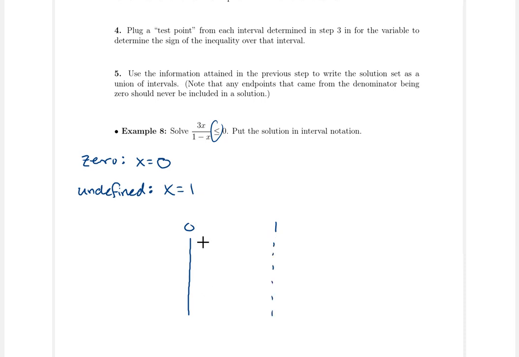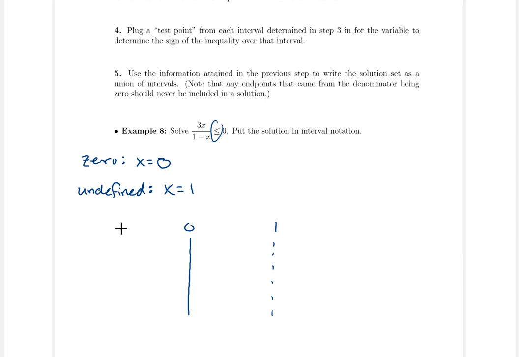And I'm doing that because even though the inequality has an equal sign in it, I don't ever want to allow a division by 0 in an expression, regardless of what the inequality is. So automatically, we're going to put dashed lines anytime we're working with a rational inequality and we're looking at that spot that makes it undefined. So this is our sign chart.